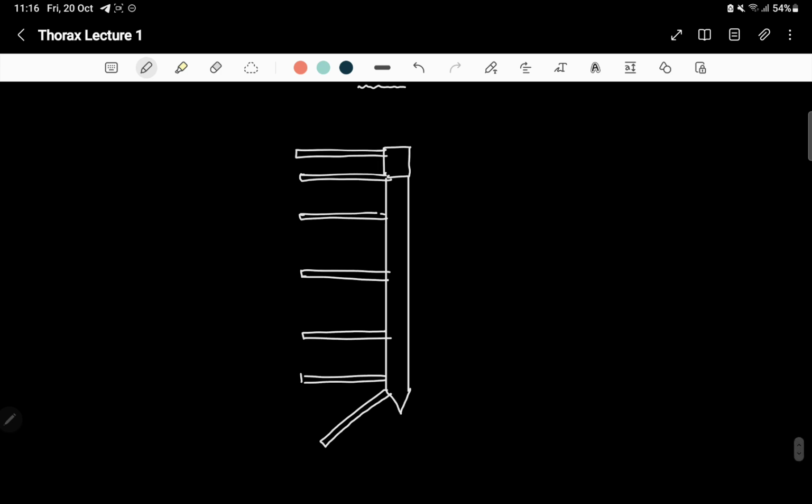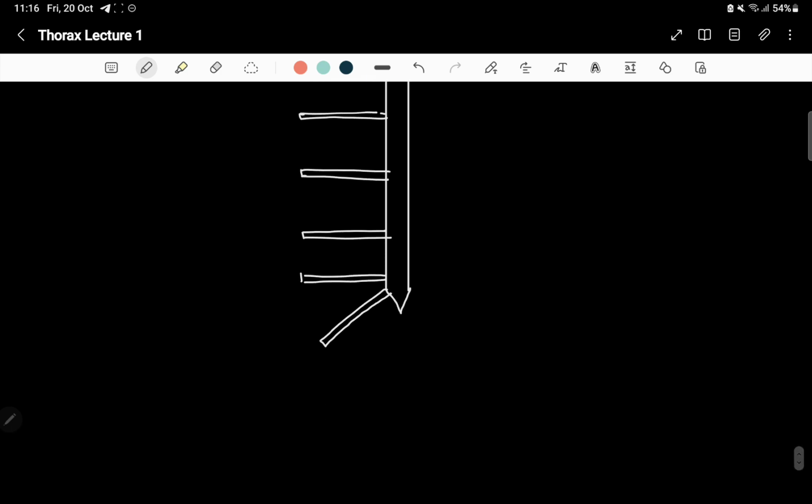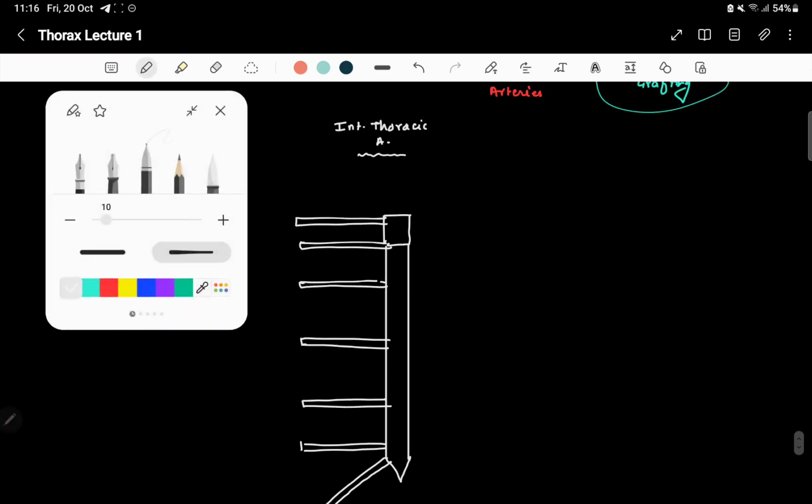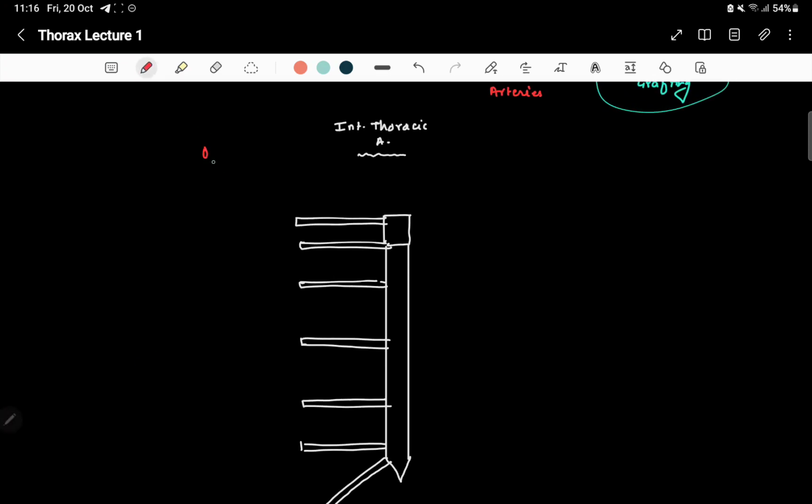So these are your ribs, let's say. Understood? So if these are your ribs, then we are taking the first part of the subclavian here, where the internal thoracic artery arises here like this.